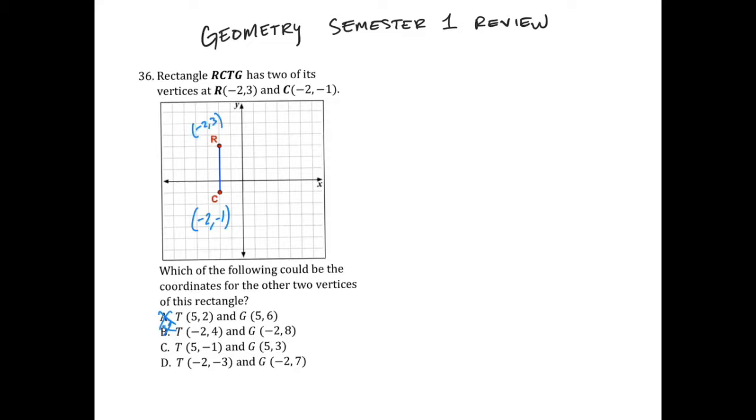Let's try C. Is T going to be at 5, negative 1? 1, 2, 3, 4, 5, negative 1. Okay, that makes a right angle. And then G, is that going to be at 5, 3? Oh, 5, 1, 2, 3. That totally makes a rectangle. So answer choice C is the best one.